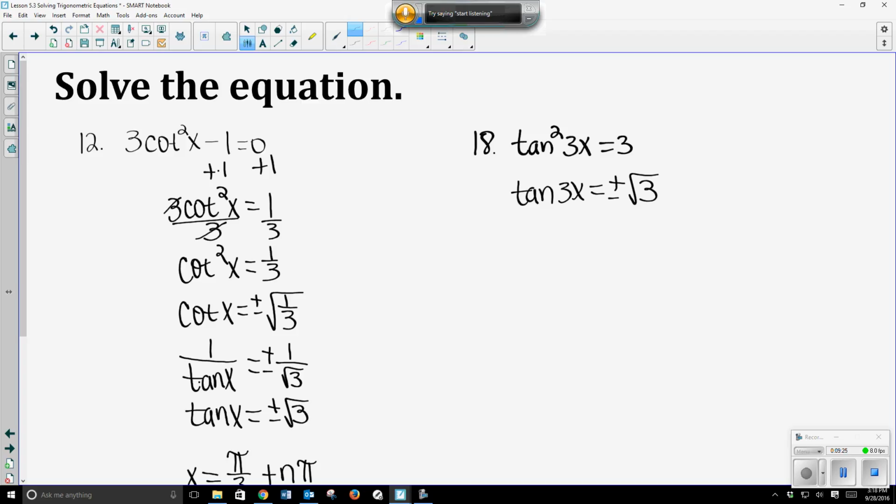So you want to see where the tangent of some angle, we'll let it be 3x, is equal to positive root 3. Okay. So positive root 3 for tangent would be pi over 3 plus n pi.